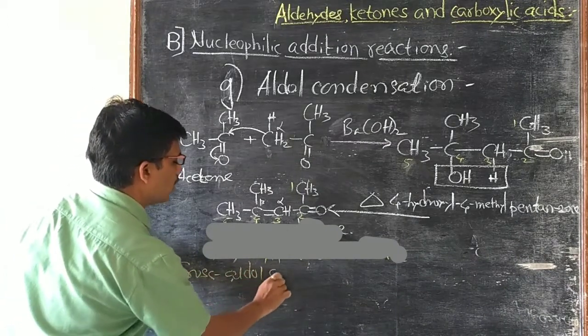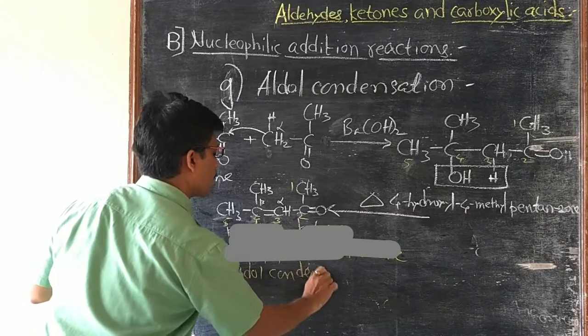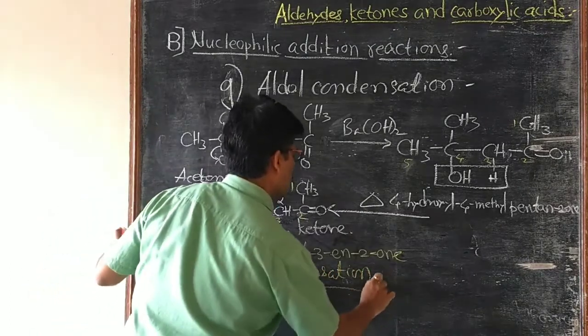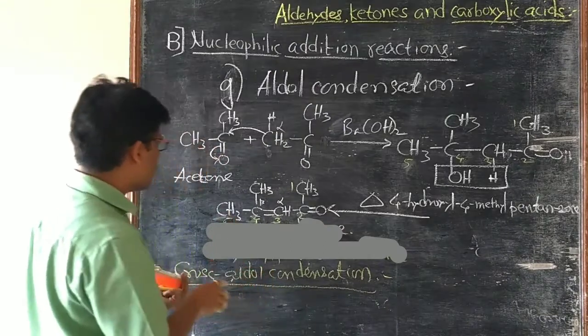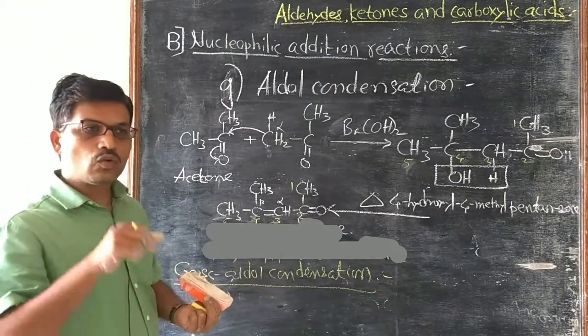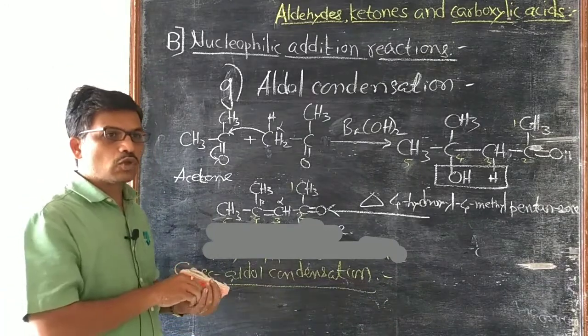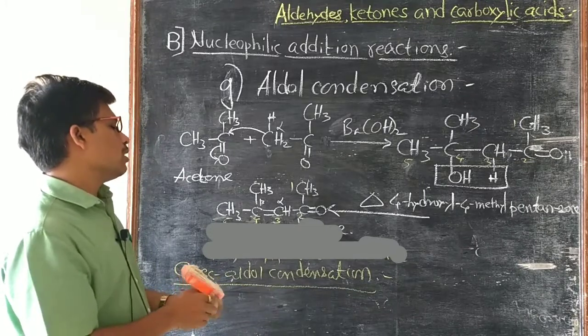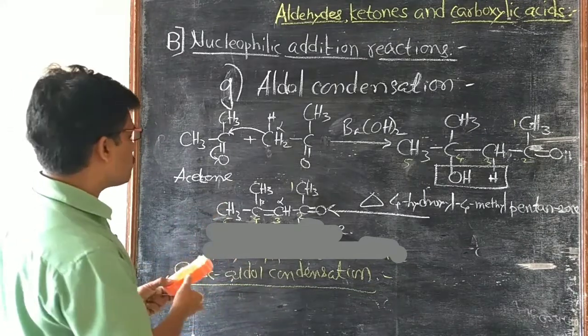Next is cross aldol condensation. It is aldol condensation between two different aldehydes or two different ketones. If both aldehydes or ketones contain alpha hydrogen atoms, a mixture of 4 products is formed.